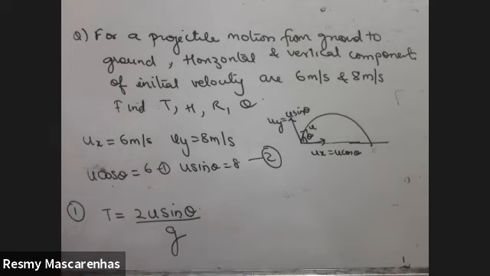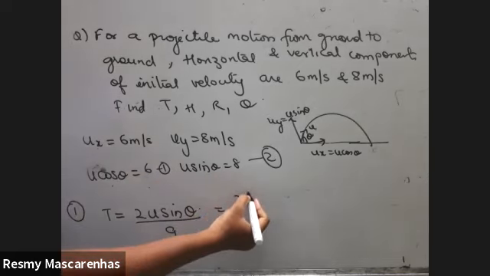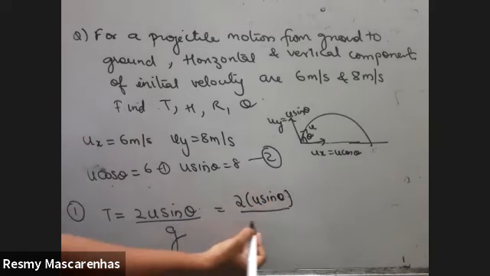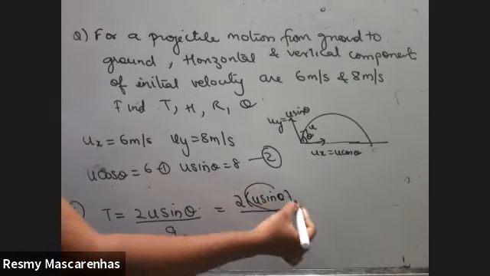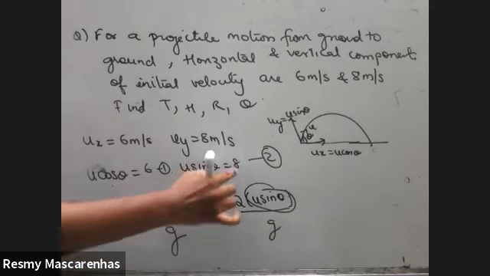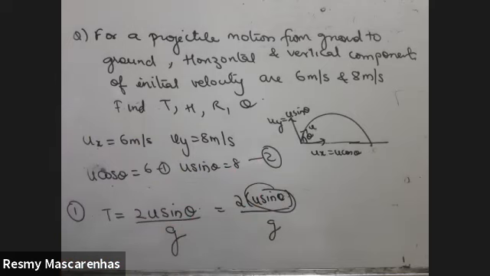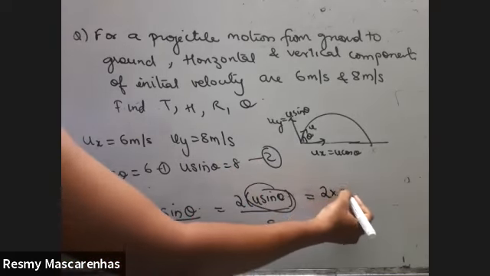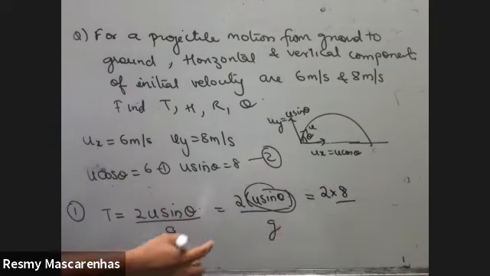Now one simple thing here is 2 u sin theta. I'm just using it as a bracket so that you know how the value came. This value u sin theta, directly the value is 8. So directly we can substitute. Suppose we are using pen, then calculate.